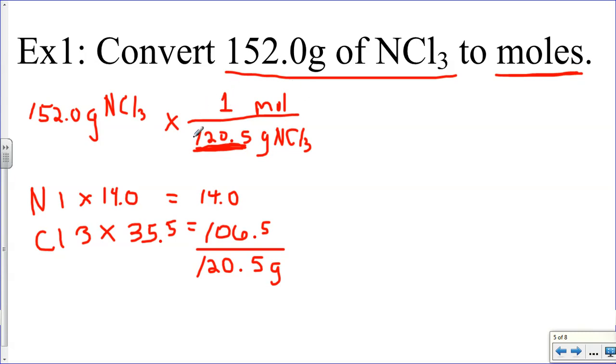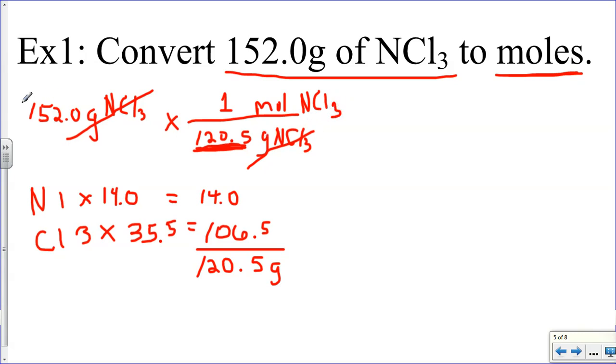Whenever you're doing molar equivalence, and you want to know how many moles in the molar mass, that's in grams, of your substance, it's always going to be 1 mole. So the gram units cancel off. And of course, our substance, I should put that up here to be proper, NCl3.